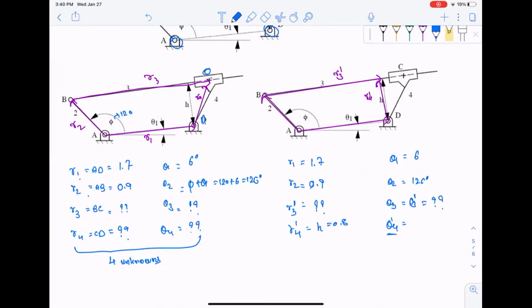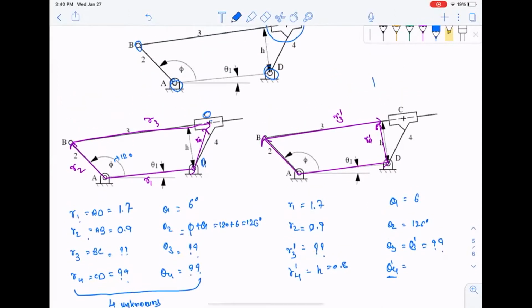For theta 4, what we can do is, let's say I have a triangle which looks like this, and this is horizontal, this one also horizontal. This is my theta 3, this one will also be theta 3 because this is horizontal, and this angle is actually theta 4 dash. This is theta 4 dash, this is pi minus theta 4 dash, this is 90.